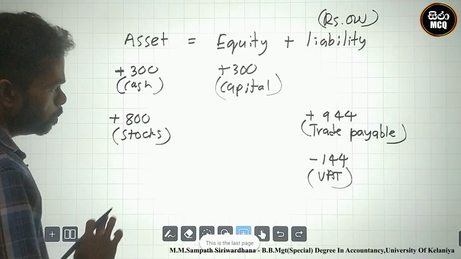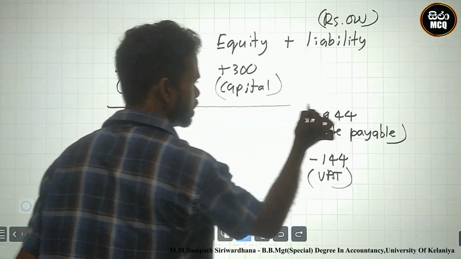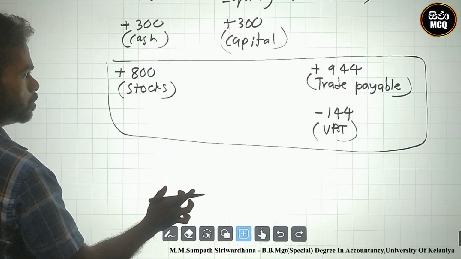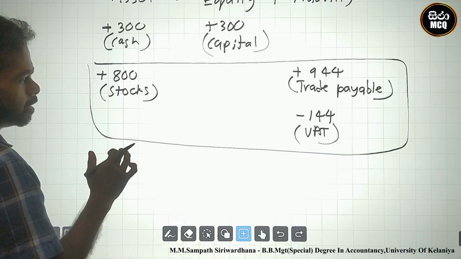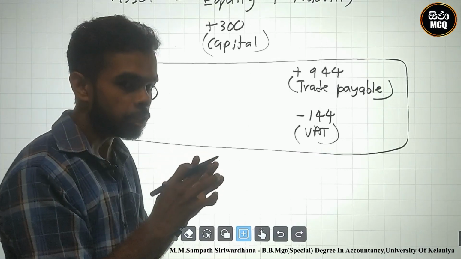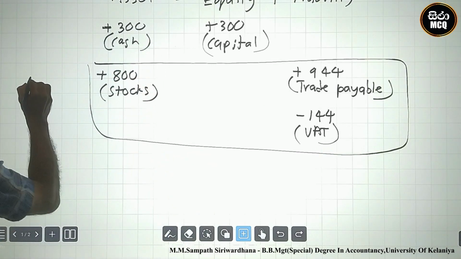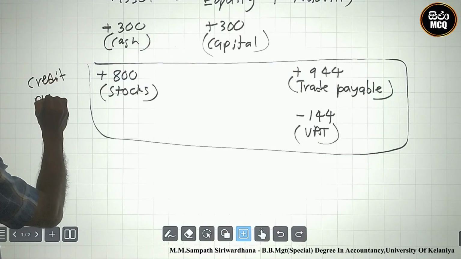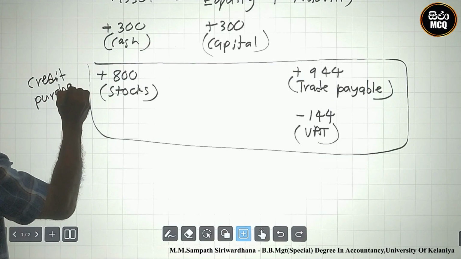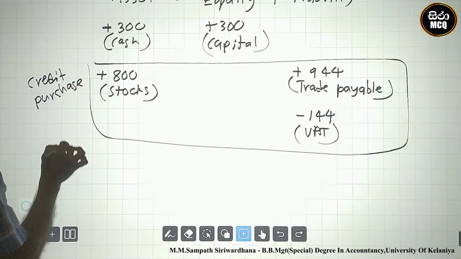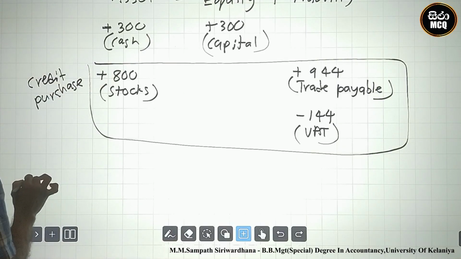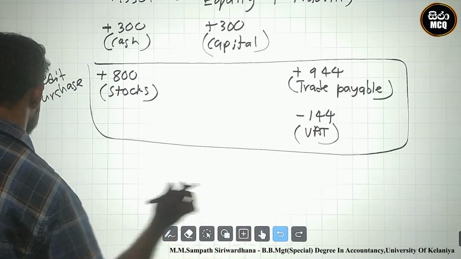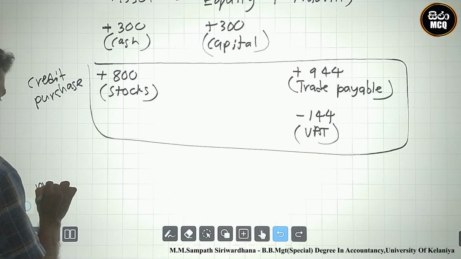At the purchase return, we must identify the opposite side of this. This is the credit purchasing. The second is purchase return.